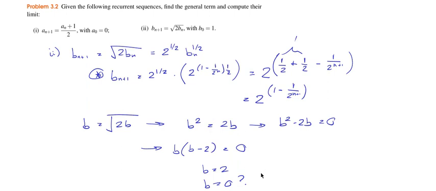And you could again prove it by saying that b sub n is going to be greater than 0 for all n, and again this is proven by induction. So b sub 0 is 1, so it's greater than 0. This is true.